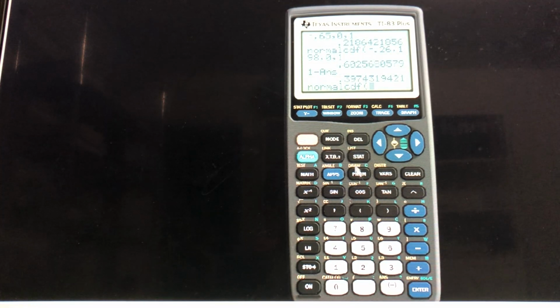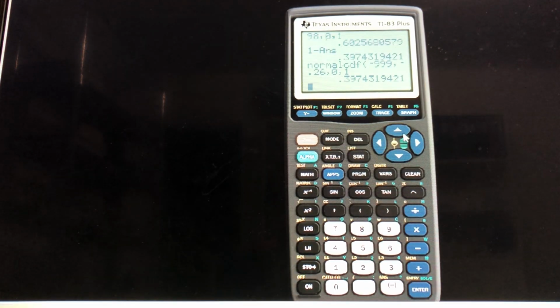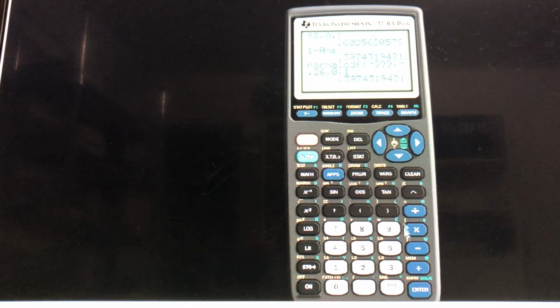So what if I go from negative 999 to negative 0.26 with 0 and 1? That's the left side. Whoops, okay. That's weird. So maybe I did type something wrong up there.